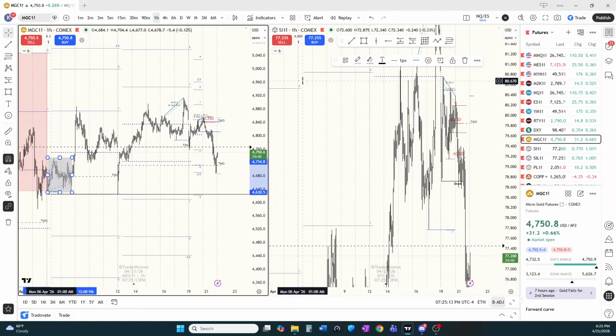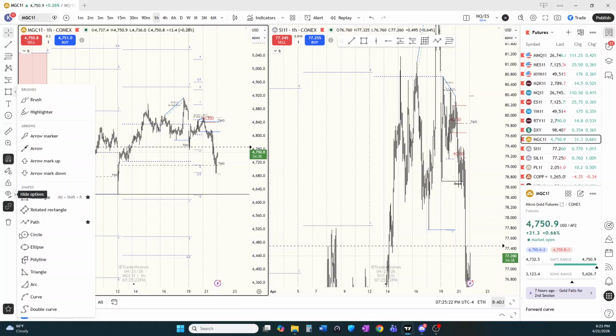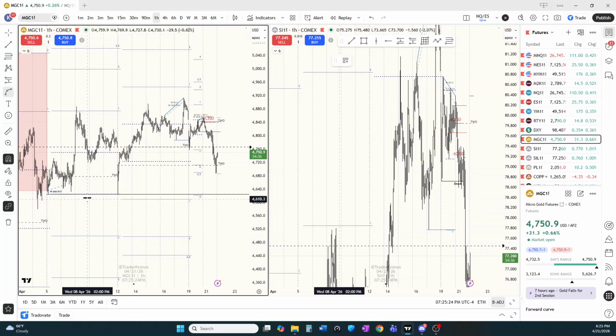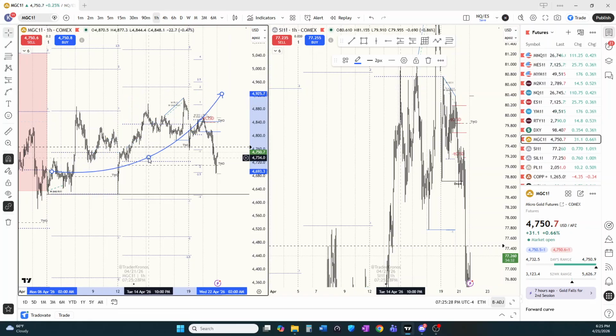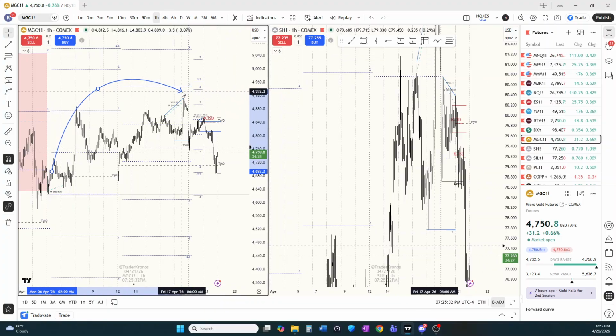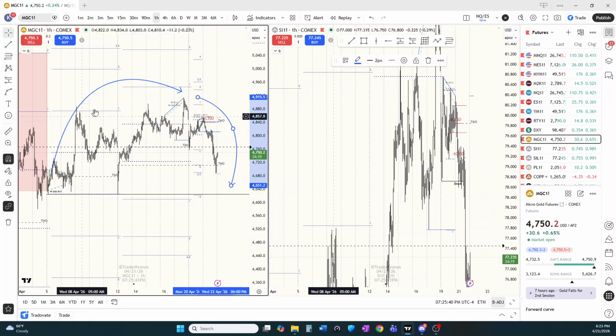So hopefully that helps to answer your question on how you form the market maker models. Buy side of the curve, now over to the sell side.